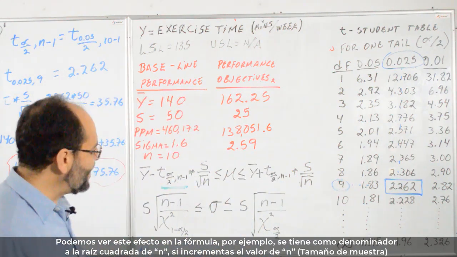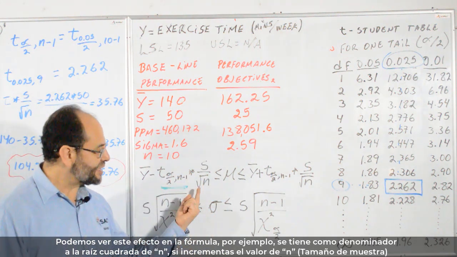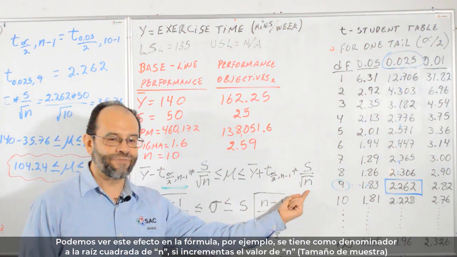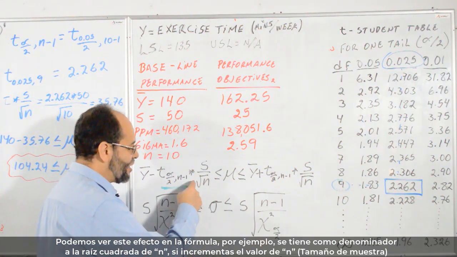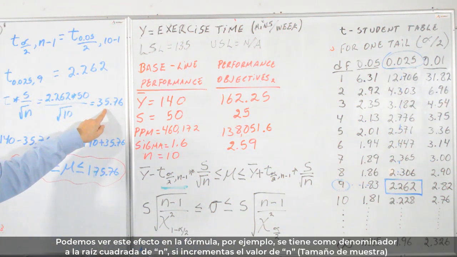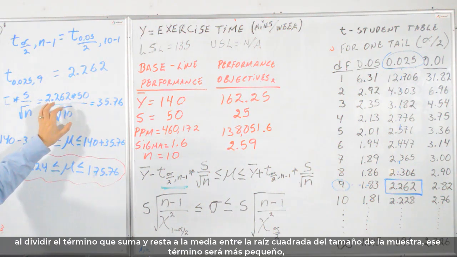We can see that effect here on the formula. For instance, you are having a square root of n. If you increase this term, all this value is going to be smaller because you are dividing by the square root of sample size.